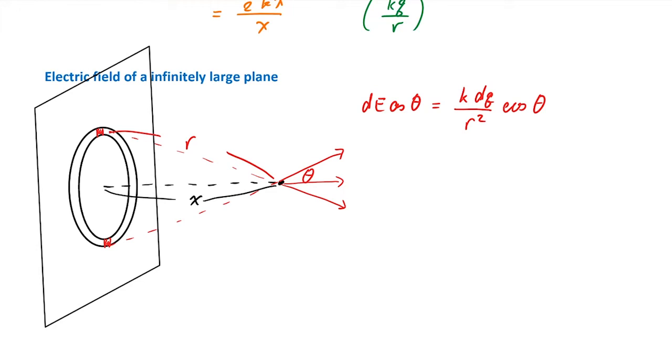Okay, now let's figure out everything one by one. What is dq? Well, we have to have a charge density sigma now, right? Sigma is the total charge divided by the total area. In this case, it's an infinitely big area with infinitely large charge, so we don't want to think like that. But in case you have a finite ring, as in last time's example, then you can actually figure it out and substitute this sigma later. Good?